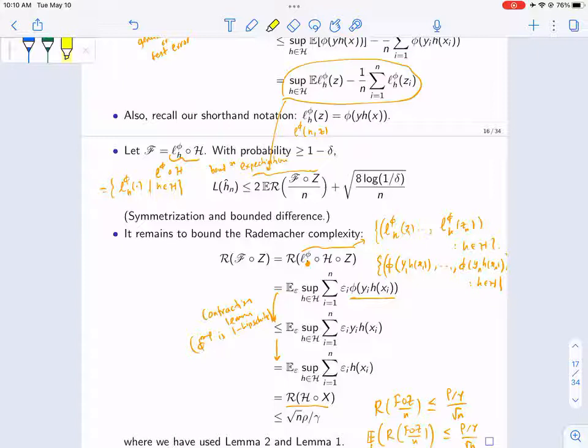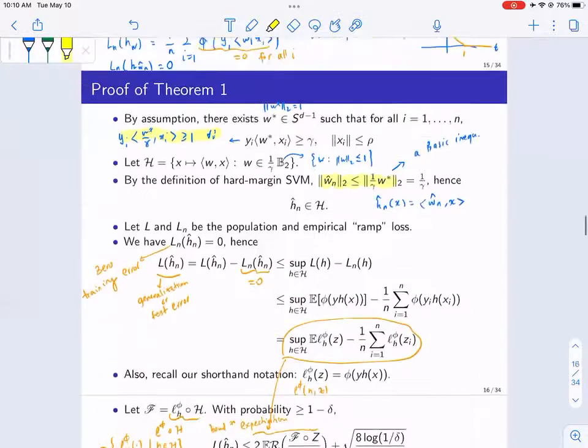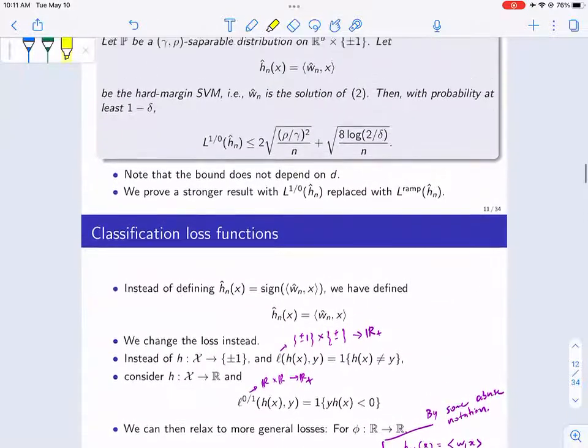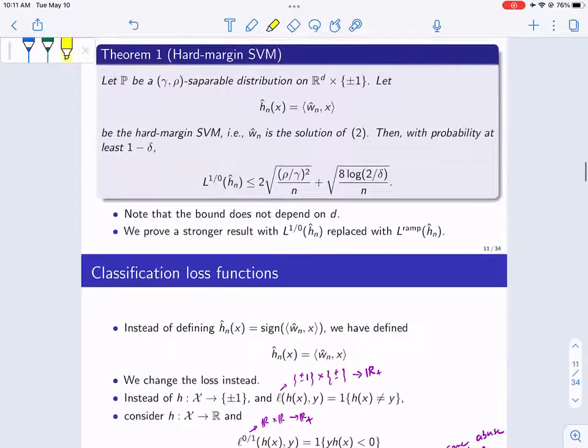Questions? Okay, so this gives us a nice result. What this is saying is that if you solve the hard margin SVM, as the sample size grows, your empirical 0-1 loss is 0, and the population generalization loss also goes down at 1/√n, which is quite nice.